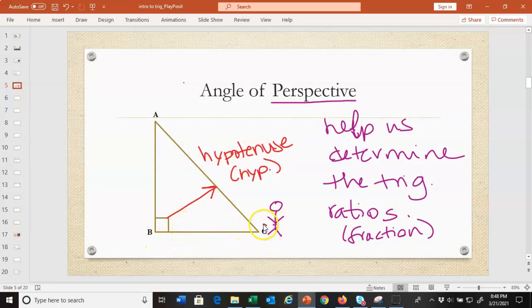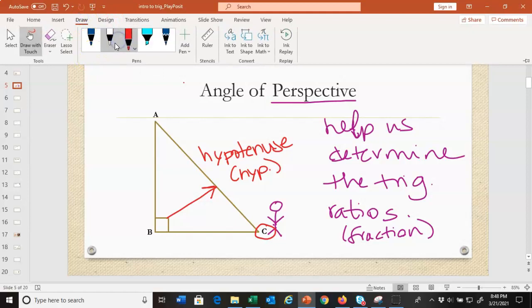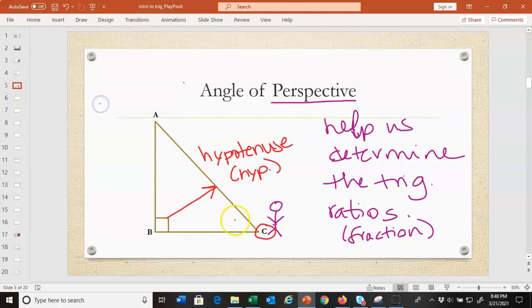But look at this. If you're standing at angle C, and we were going to label the other two sides, what do you think this side might be called? So pretend you're standing here, you're looking that way, you're looking across the triangle.